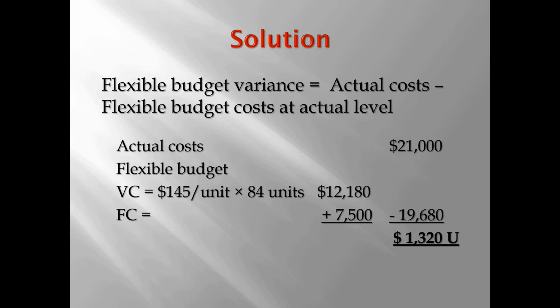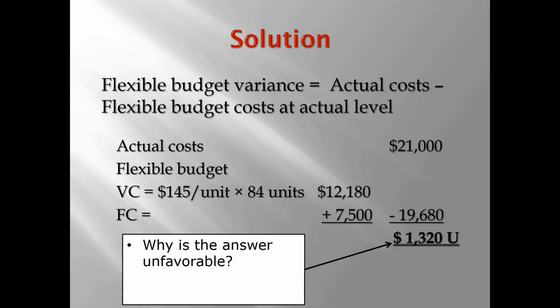When we do, we find that the actual costs were greater than the flexible budget would have predicted by $1,320, which we mark unfavorable.